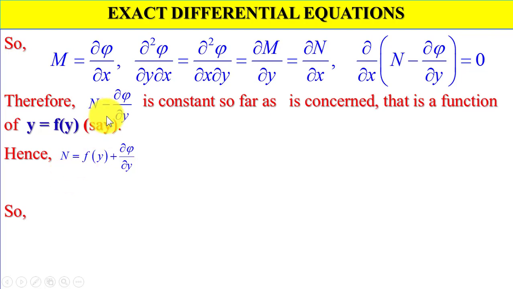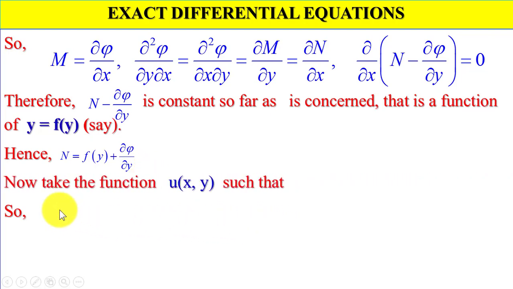Hence, N minus ∂phi/∂y is equal to f(y), that is, N is equal to f(y) plus ∂phi/∂y. Now, take the function u(x, y) such that u is equal to phi plus the integration of f(y) dy.